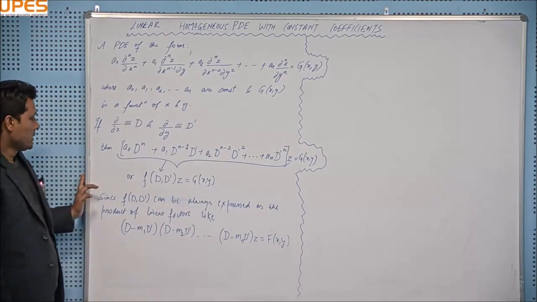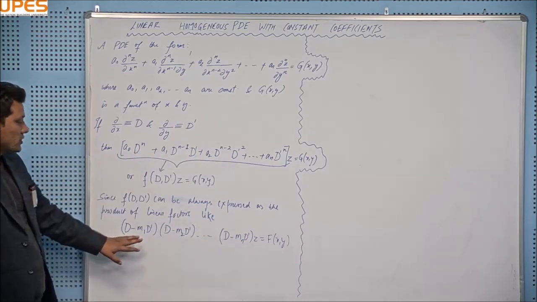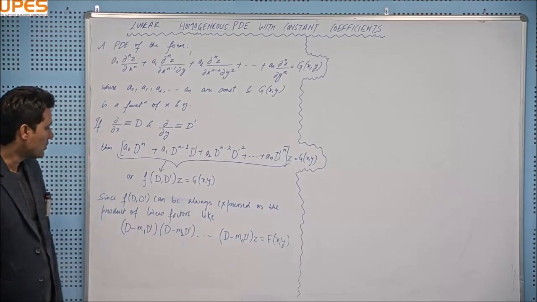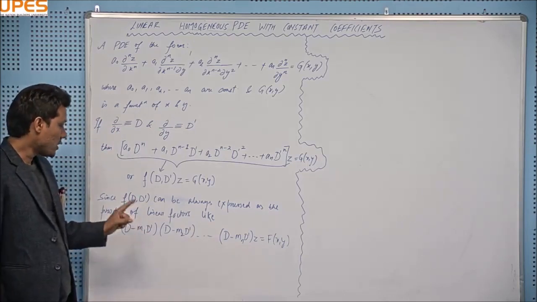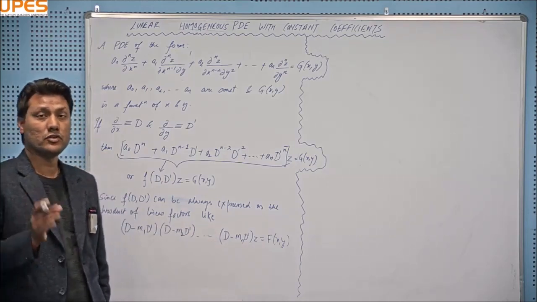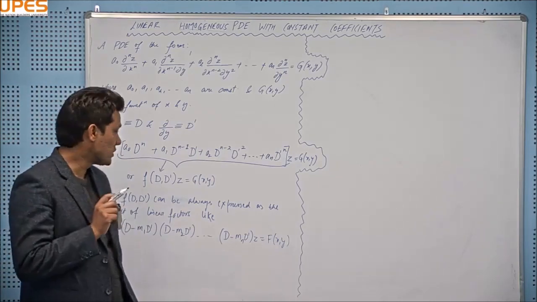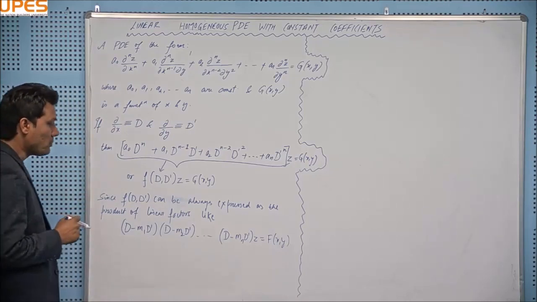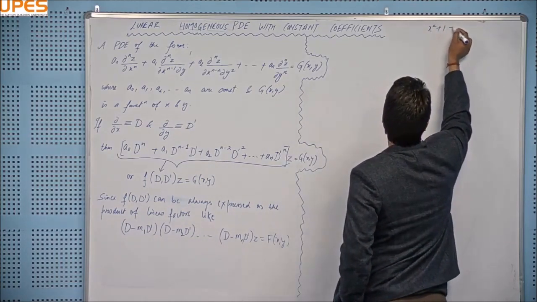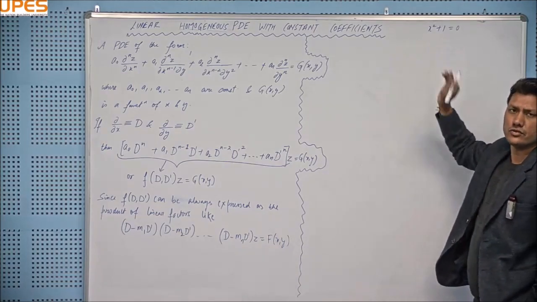Now you can factorize this whole term in the bracket as a product of linear factors. And why am I saying so? Because you are allowed to use any m1, m2, mn, maybe a real number or a complex number. Any polynomial is always factorizable as a product of linear factors if you allow that the roots are complex. Suppose you have the equation x square plus 1 equal to 0. If you restrict yourself that x is a real number, then it has no solution and you cannot factorize it.